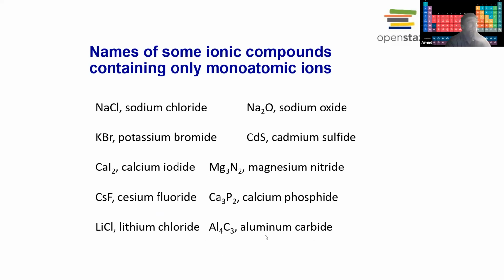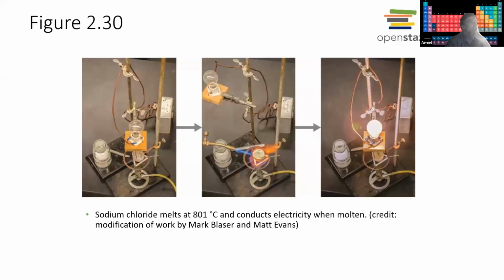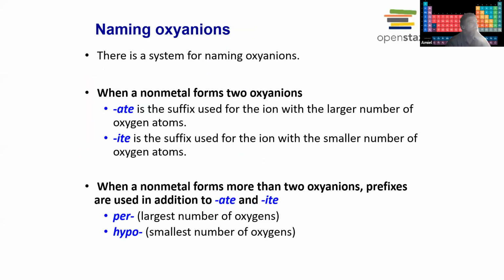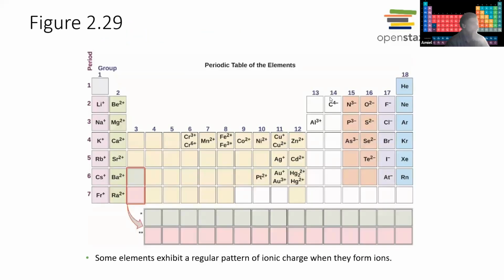How did they come up with aluminum carbide? Al4C3. That's a tricky one. Not sure I would give you one that challenging. Carbide. See, carbon is a 4 minus, and aluminum is, oh, there it is.